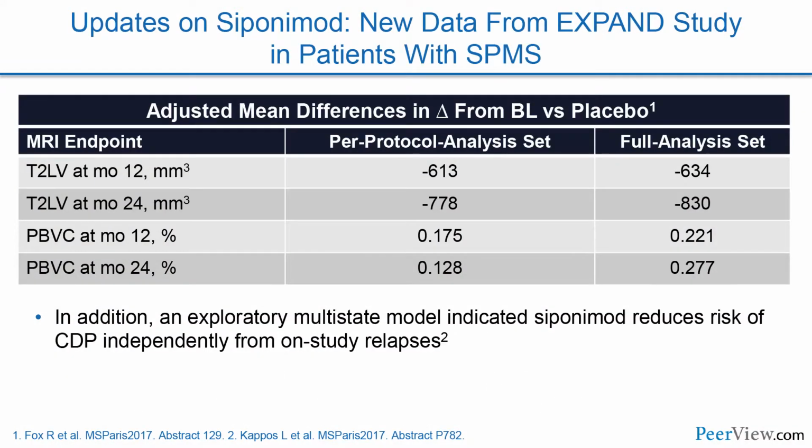Additional data from the trial presented at the 7th Joint ECTRIMS meeting showed siponimod significantly reduced MRI activity and slowed brain volume loss in patients with SPMS already at month 12, and effects were sustained at month 24. In addition, an exploratory multi-state model indicated that siponimod reduces the risk of confirmed disability progression independently from on-study relapses.